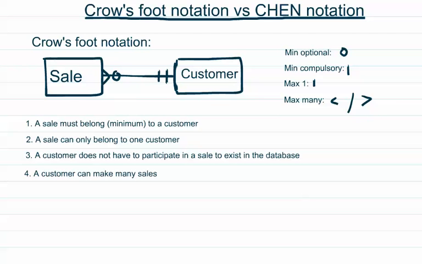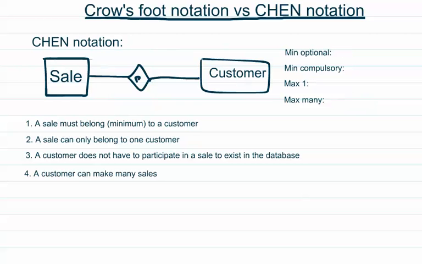And there we have the crow's foot notation. Notice that the cardinalities for sale are actually presented next to customer, and that the cardinalities for customer are actually presented next to sale. So we read the cardinalities away from the entity.